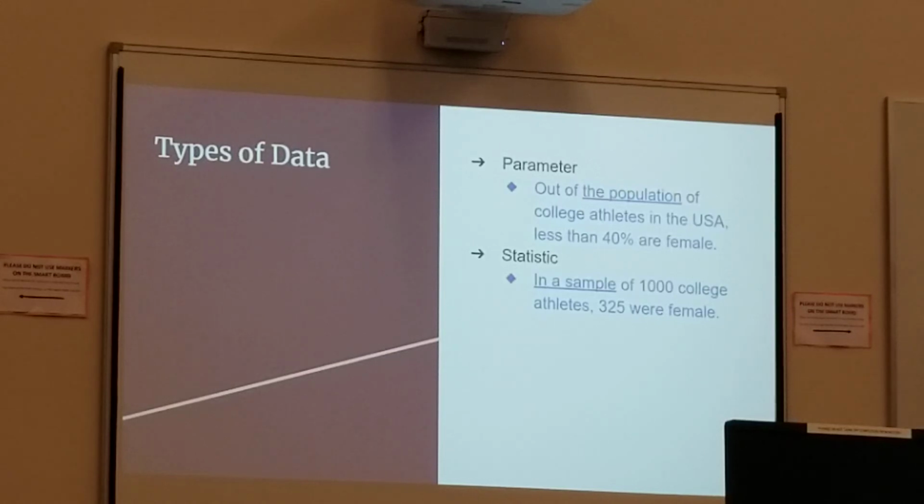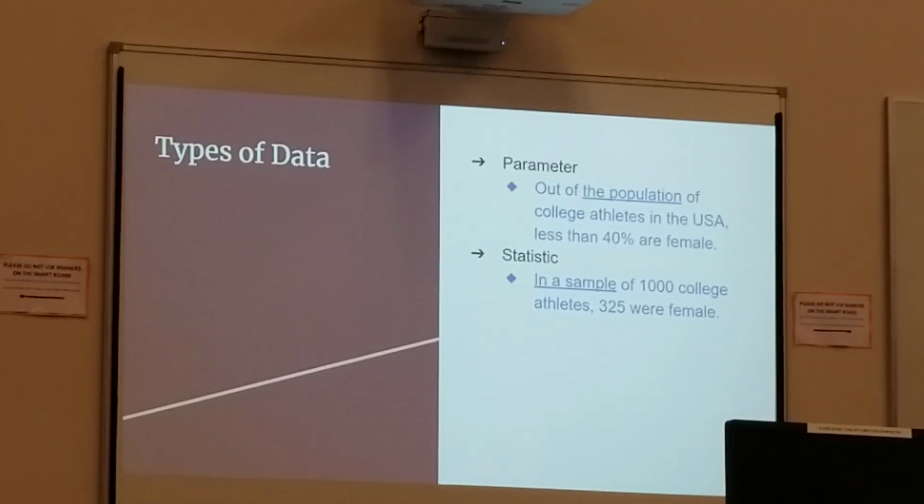Or sometimes I would associate it with another word that sounds similar that still relates to the whole concept. So a parameter is just a numerical measurement describing a population, whereas a statistic is still a numerical measurement, but describing a sample.